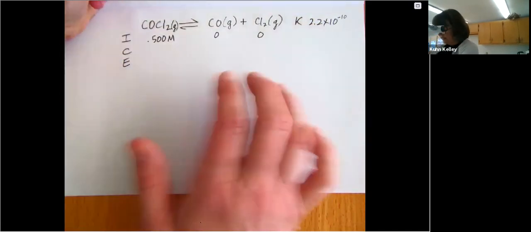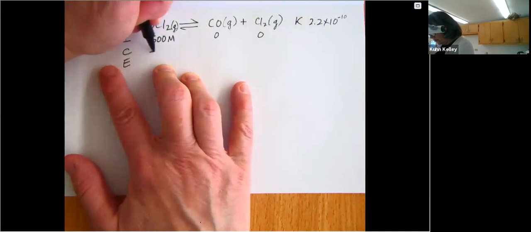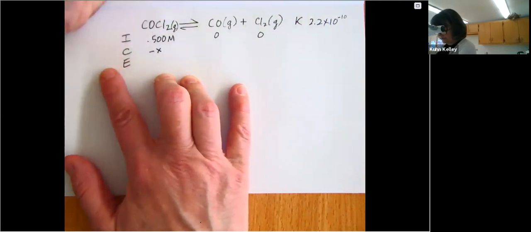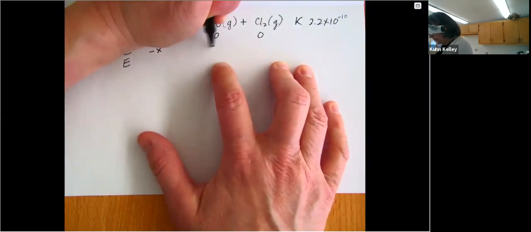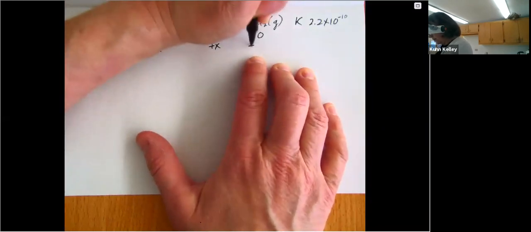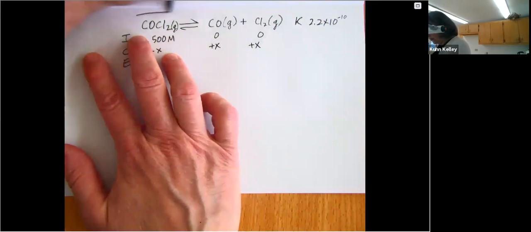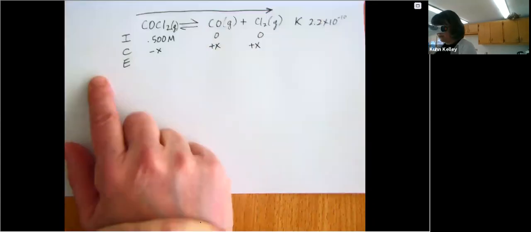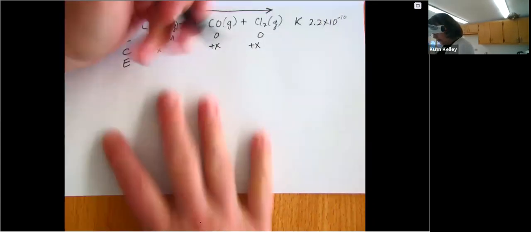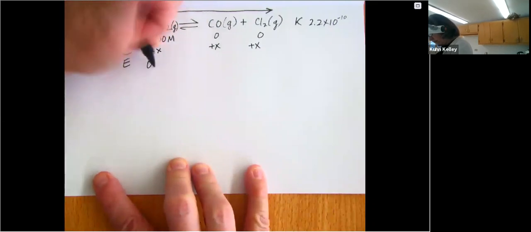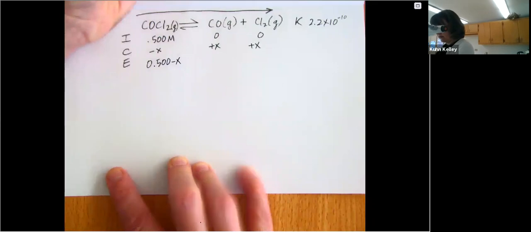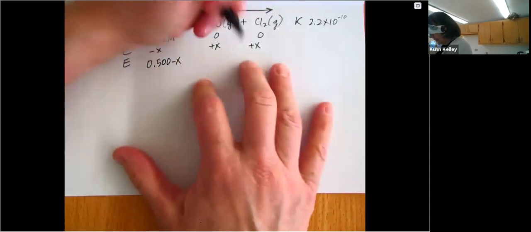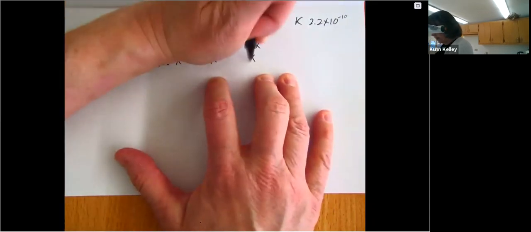We know that this one is going to lose X, and these 2 are going to gain X because our equilibrium is going to have to shift right to fill those voids. So at equilibrium, we have 0.50 minus X for our reactant and then X for our products.